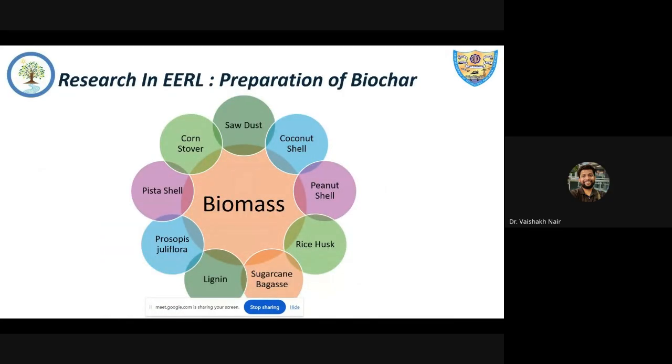I think with this, I have covered the main point of the topic, which is utilizing biomass waste in agriculture, sustainable agriculture, and which one we should be focusing on that really has a long-term impact on sustainable agriculture. So mostly it is agricultural waste, because the waste is with the farmer.